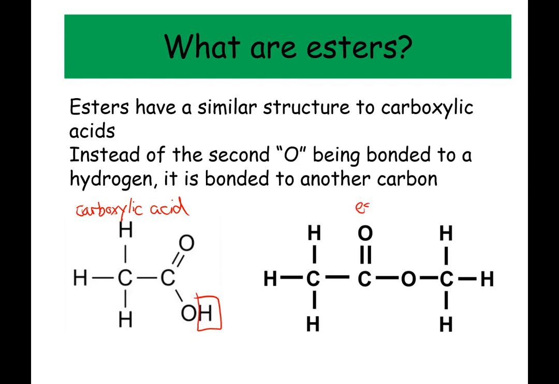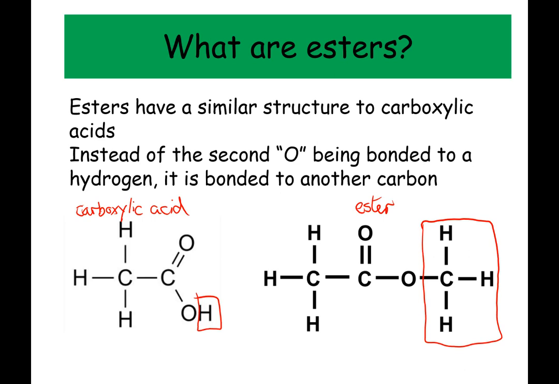In an ester, the oxygen, instead of being bonded to a hydrogen, is bonded to another carbon. And remember, because the carbon has to form 4 bonds, there'll be some hydrogens on that carbon as well. Okay, so that's the difference between an ester and a carboxylic acid.